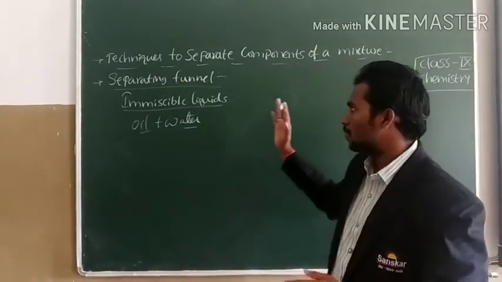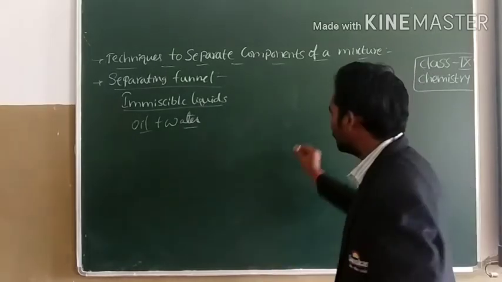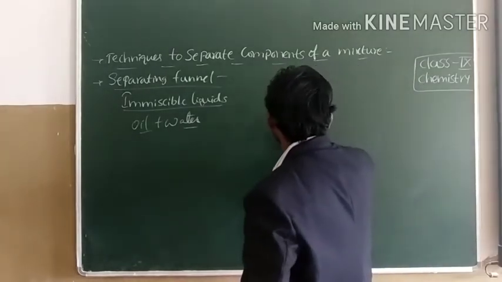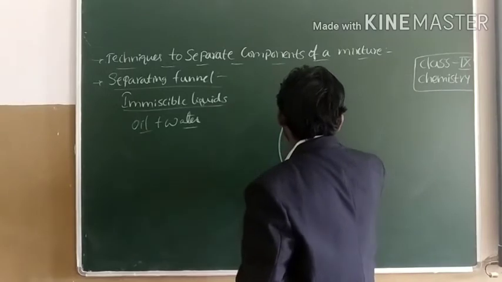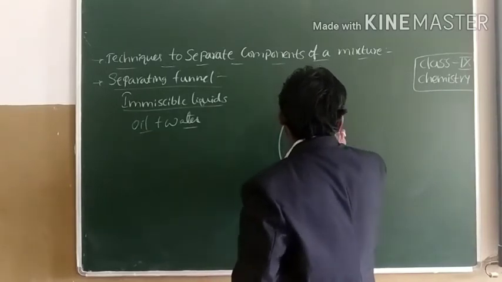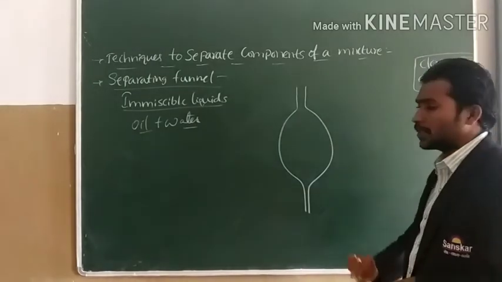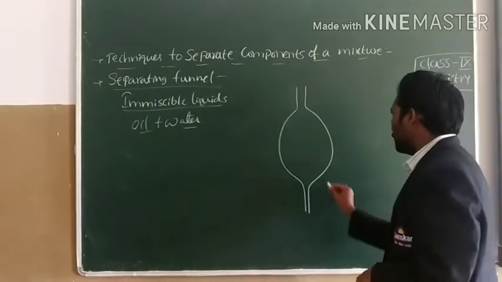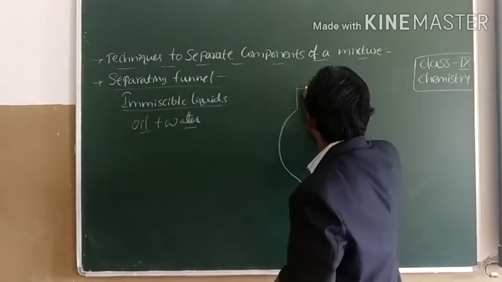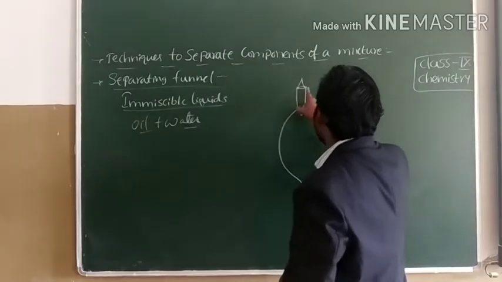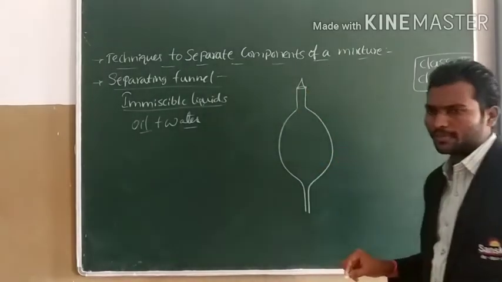Let us see the diagram of the separating funnel, children. It is something like this. This is the diagram of the separating funnel. And this is the cap of the separating funnel.